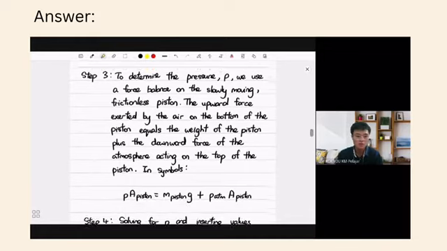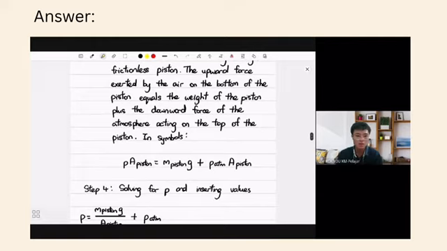In symbols, P times A piston, where A piston is the area of the piston, equals the mass of the piston multiplied by the gravitational acceleration g, plus the atmospheric pressure multiplied by the area of the piston.